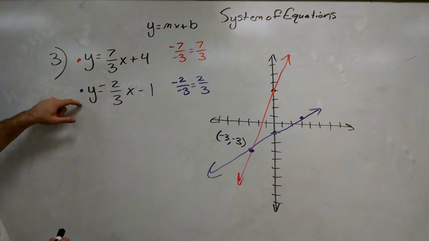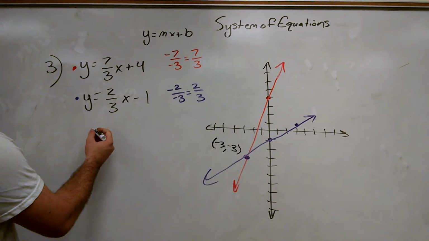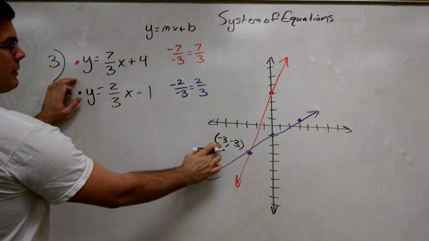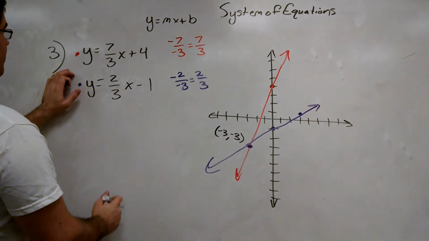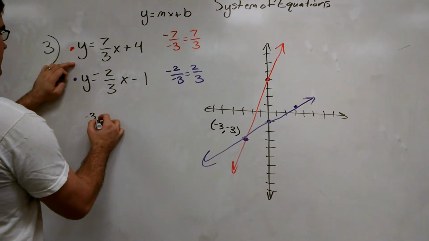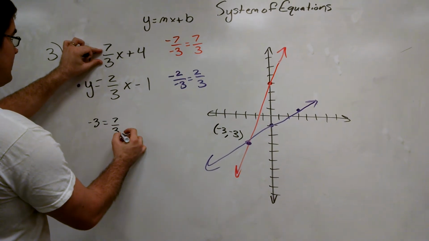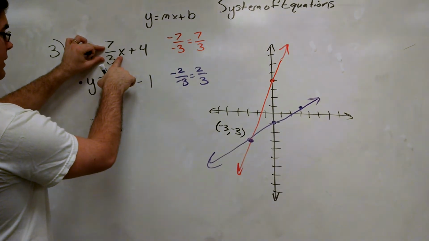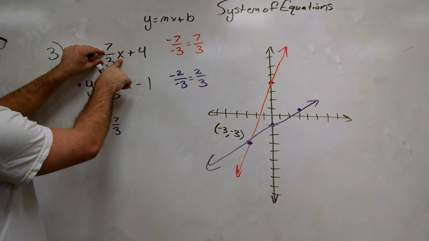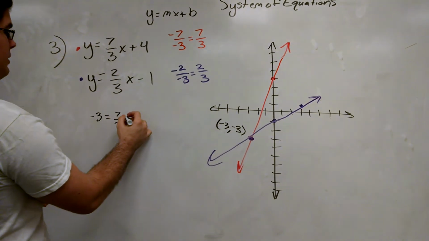So I'm going to plug it into both of these equations. I'm going to take this first equation, and plug in negative 3 for x and negative 3 for y. So I get negative 3 equals 7/3 times negative 3. And remember, if the x is next to the fraction, it really means you're multiplying times the numerator.